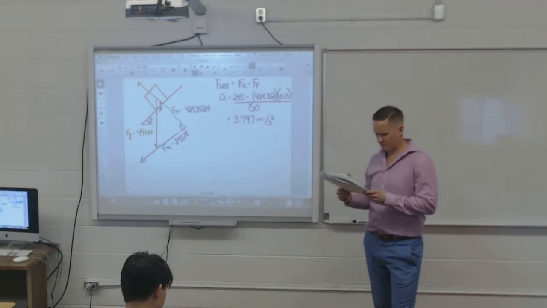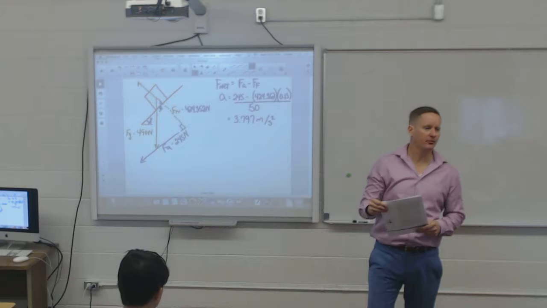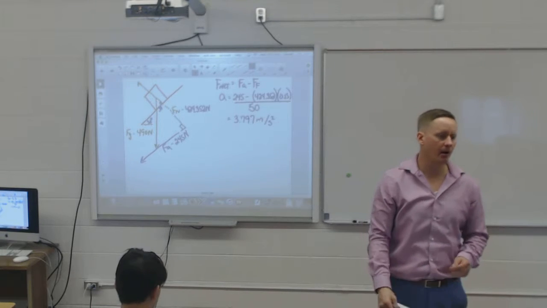Where did 0.15 come from? It's given to you in the question as the coefficient of kinetic friction. Look at the B part.